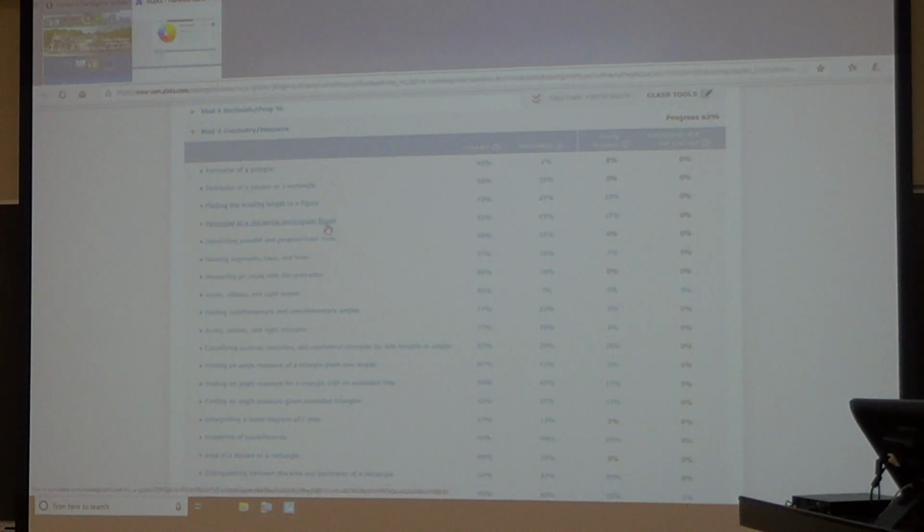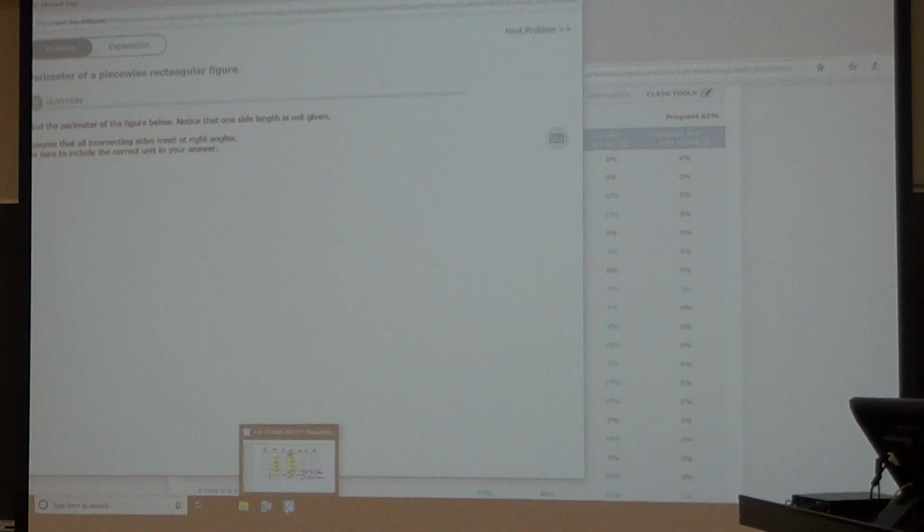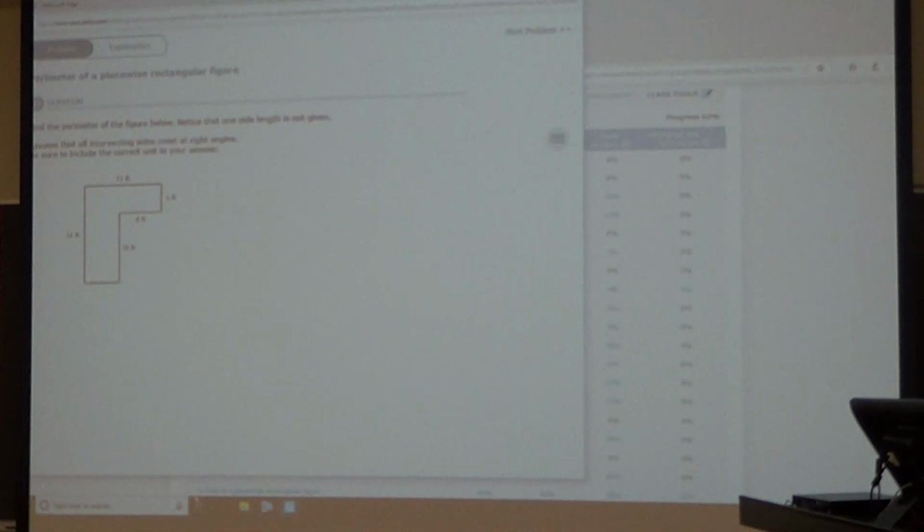This one's at 53%. It's the perimeter of a piecewise function. I'm just gonna pull whatever looks low, and that's what we're going to work.